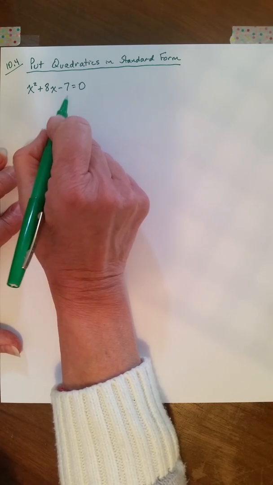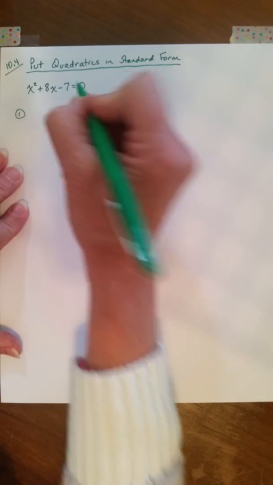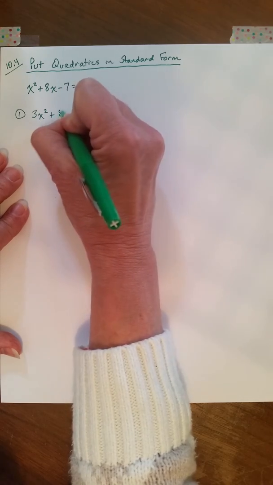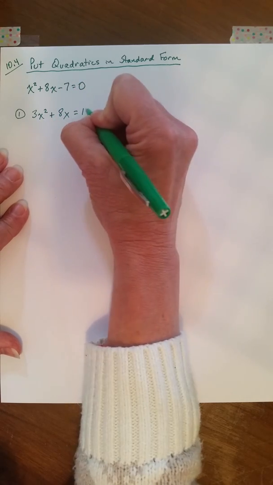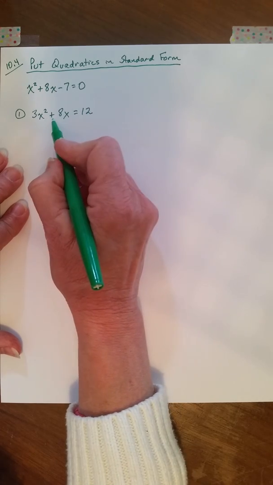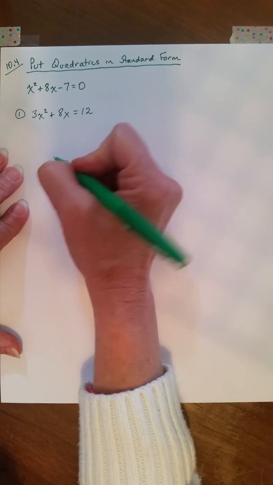Now, sometimes they don't start in standard form, and we have to put them in standard form. For example, number 1, 3x squared plus 8x equals 12. That's not in standard form. We want to move the 12 over to this side. Since this is a positive 12, I'm going to subtract 12.